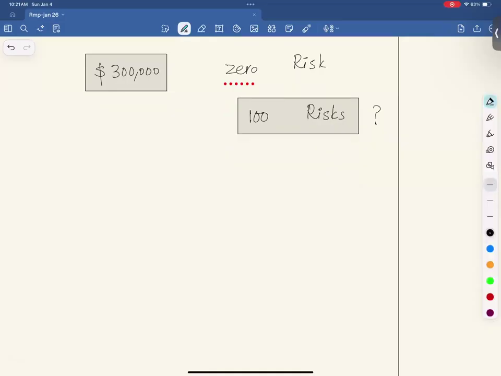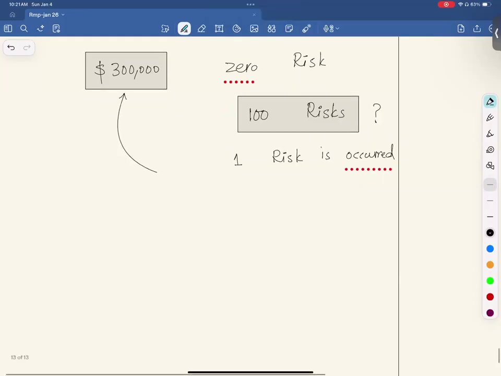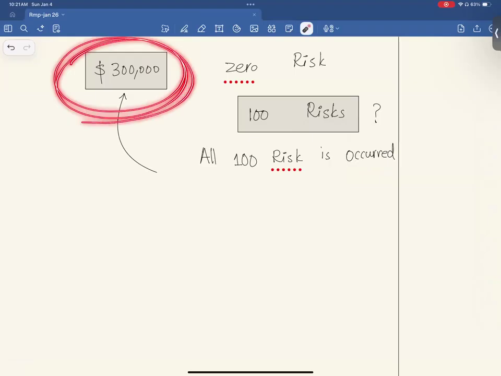Okay, what if one risk is occurred out of 100? What is the probability of meeting this cost objective? I repeat my question. Or let's say, if all 100 risks are occurred, what is the probability of still completing the project in 300,000? Anyone, please.